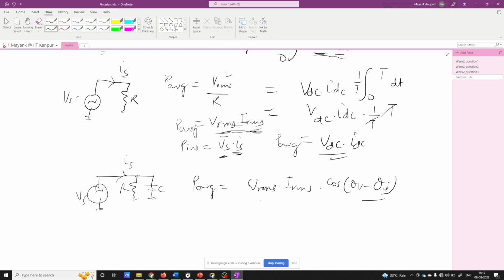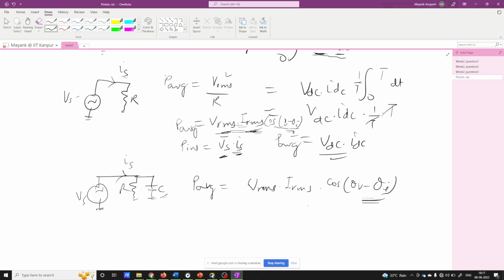This is the expression that you are familiar with. Here theta v minus theta i is equal to 0 for the resistor, so that's why you get 1, and that is why I didn't mention it earlier. Now I am mentioning it because there is a capacitance term, so there is some difference between the current and voltage phase. That is why we get this power factor here, isn't it?